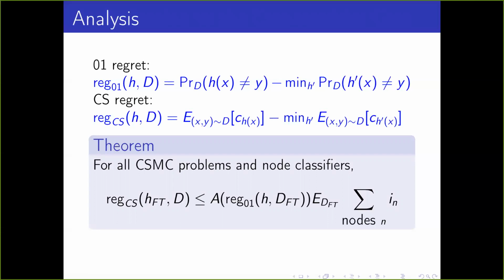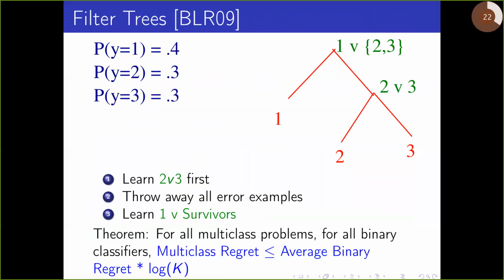So it's actually going to be log k. 1 for each level. Okay, so log k. It's kind of cool. But what it says is that you actually recover this other result here. You get the log k as a corollary.